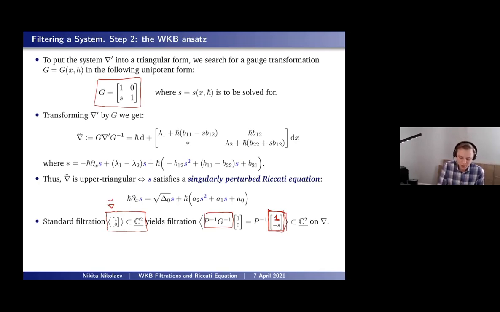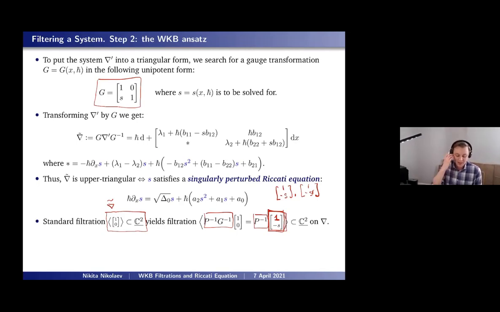Those 2 filtrations would be generated basically by something like 1, minus S or 1, minus S prime. And because S and S prime are different functions, these filtrations are going to be genuinely different. And that difference, you would not be able to absorb into P.